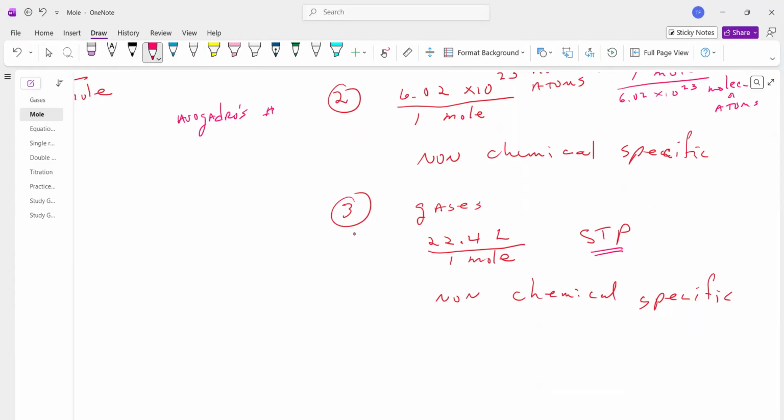Now, we're going to do a little sub-unit on gases. I'm going to talk about gas laws. So you might ask yourself, well, what if it's not at standard temperature and pressure? How do you calculate it? Then we use the gas laws to do that. Okay, so pressure is 1 atmosphere. Temperature is 0.